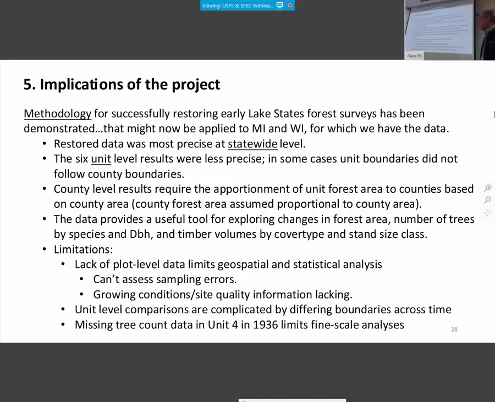This restored data is most precise at the statewide level because we really didn't have individual plot data and georeferenced information. But we can work around some subjects with unit level results. Just the simple question of any movement or change in the numbers of a particularly minor species.